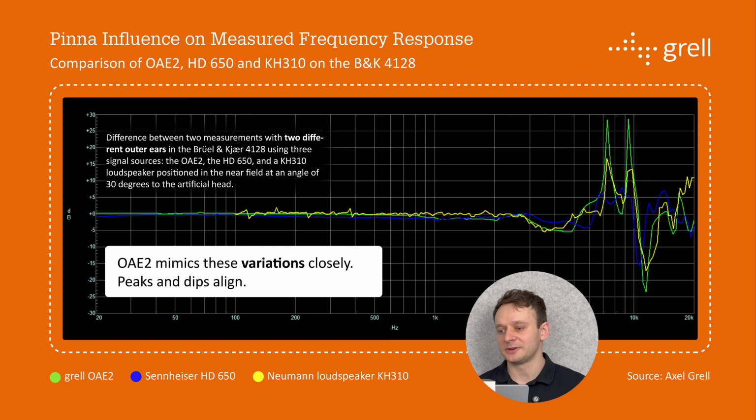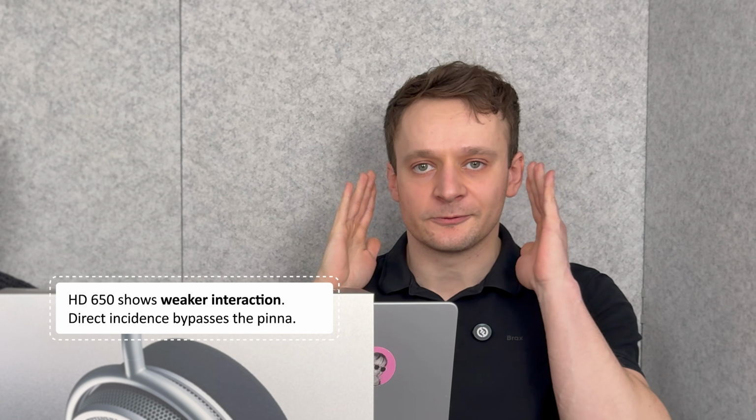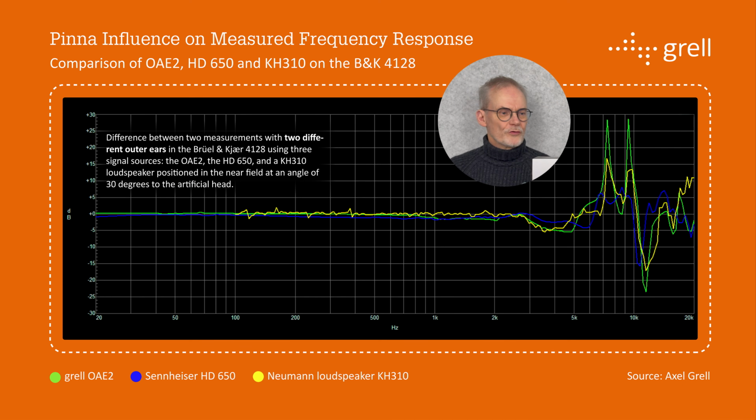And the HE650, in contrast, seems to be sort of random. And I mean, that's to be expected because it fires directly into the ear canal and is not influenced that much by the pinna. So obviously there are changes, but it doesn't correspond as much to a loudspeaker. What you can see here, the yellow curve, of course, is a little bit not that flat because it's speakers in the room. The peaks of the OAE2 are very strong because there is no room, whereas for the speaker, there are reflections from here and there.